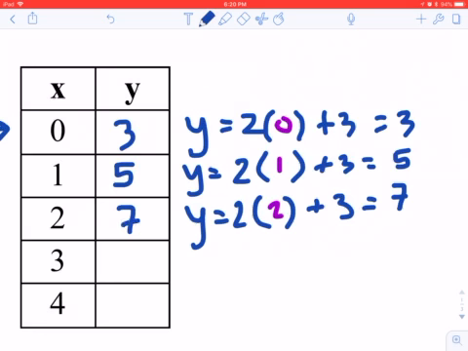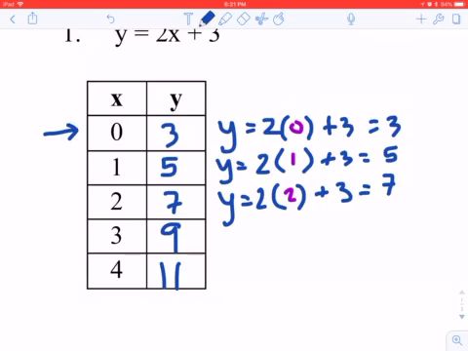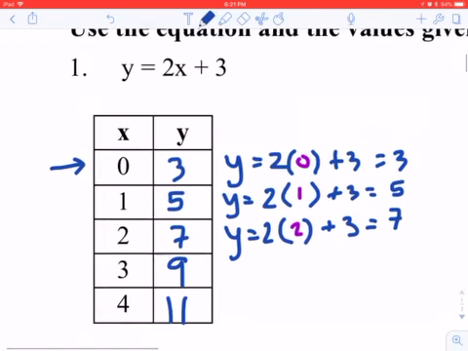So did you notice a pattern? Hopefully you pick up that every time x goes up by 1, y goes up by 2. So you can guess this one is going to be 9 and this one's going to be 11. So you see that the pattern is as x goes up by 1, y goes up by 2. So where did that come from?